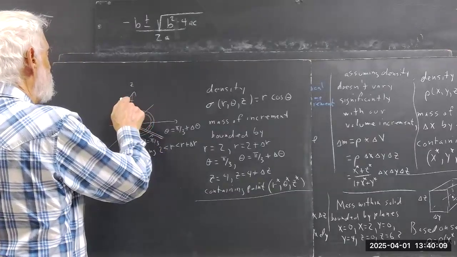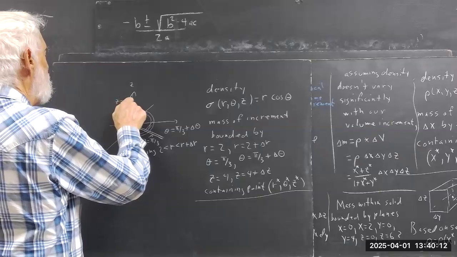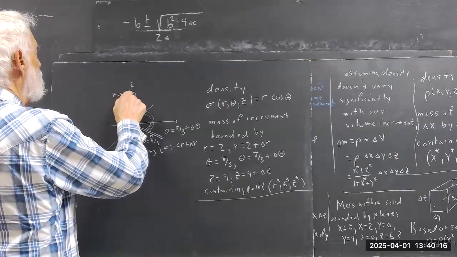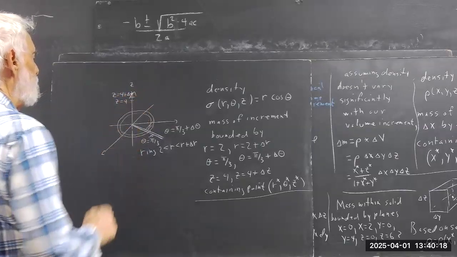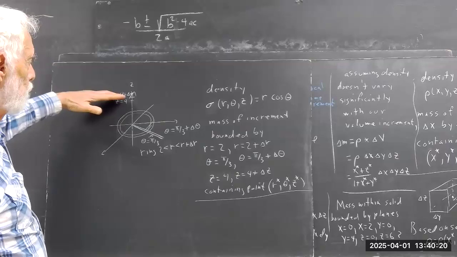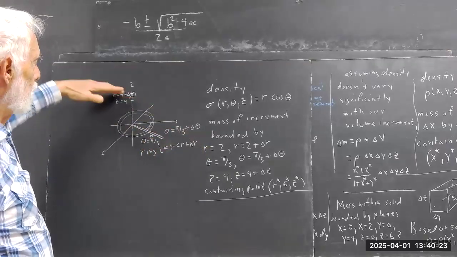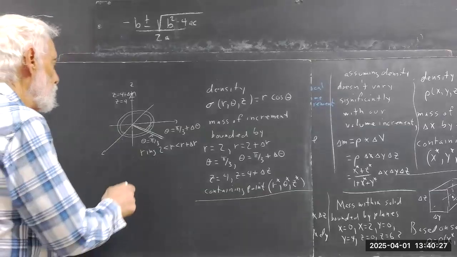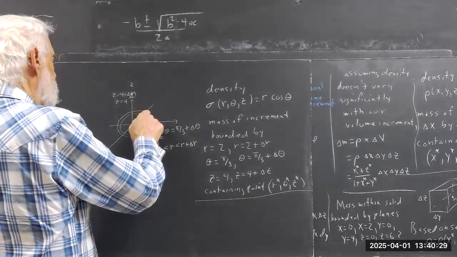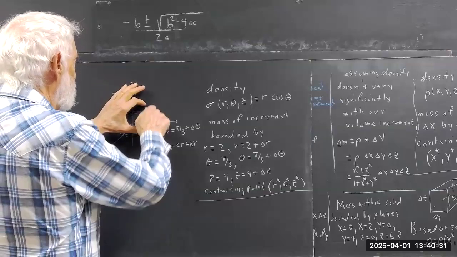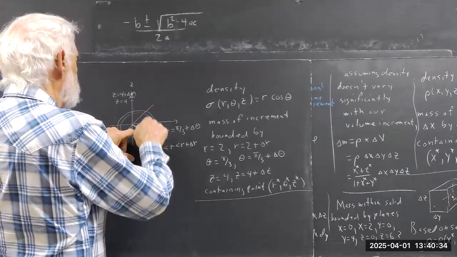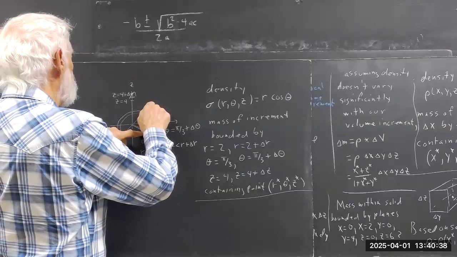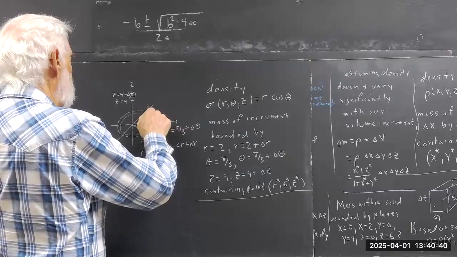Well, the plane z equals 4 is at height 4. 4 plus delta z is a little bit higher than that. So our increment is going to be up here. Distance 4, let's avoid optical illusion.